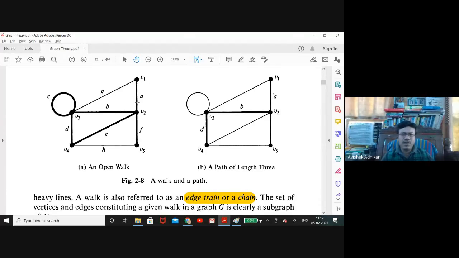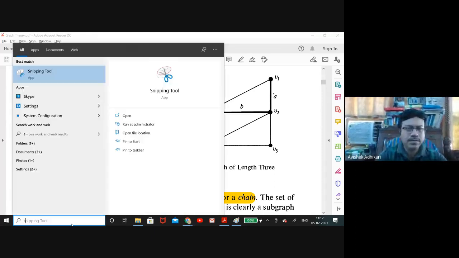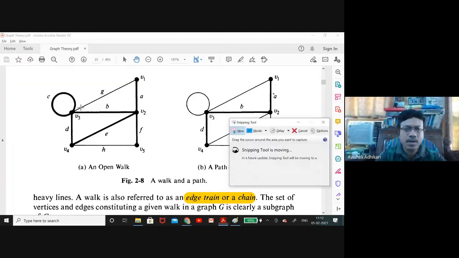For example, V1, A, V2. Maybe I can just copy it.